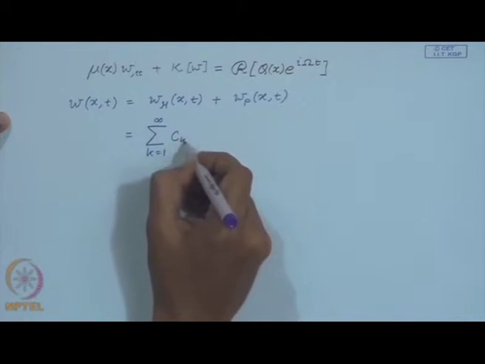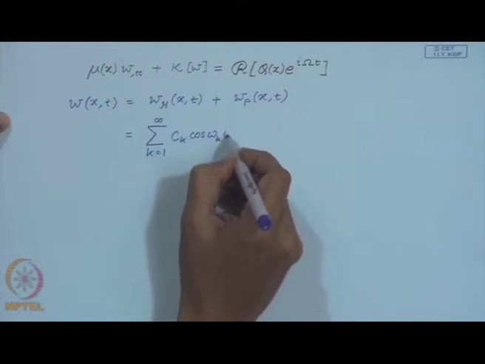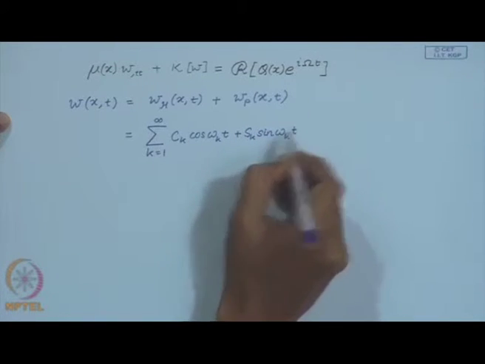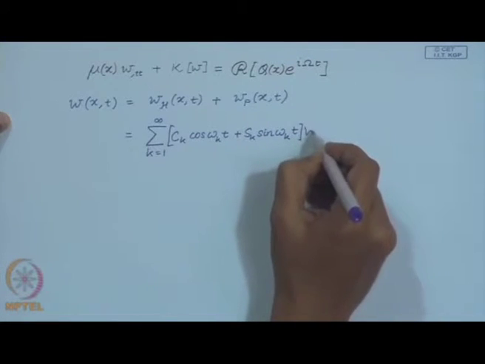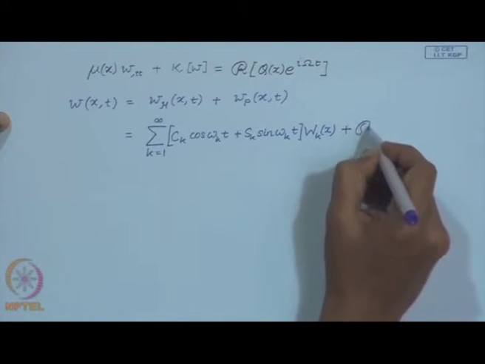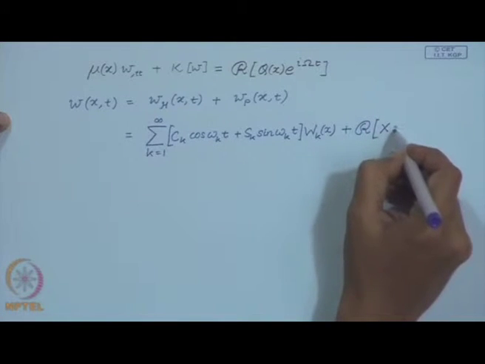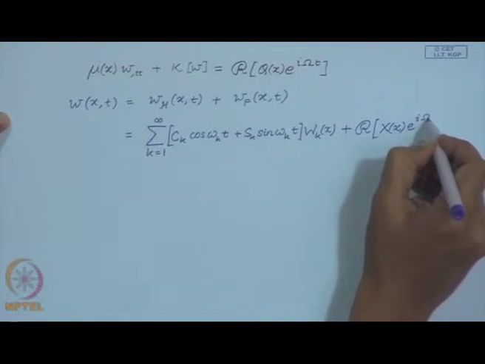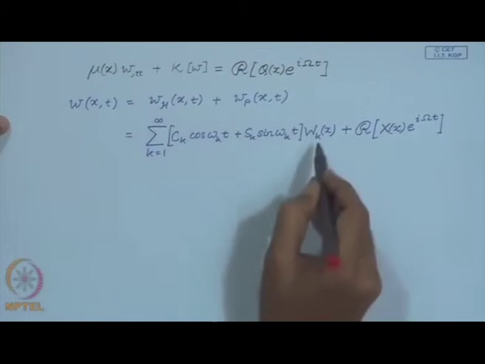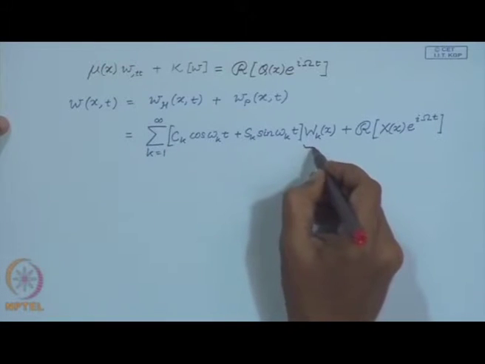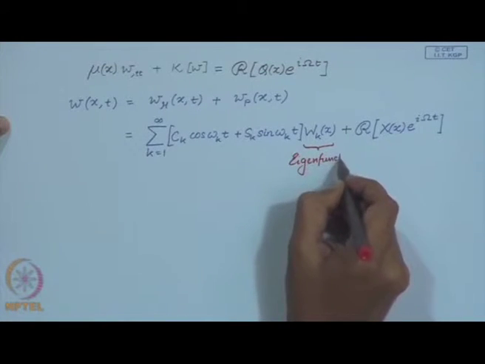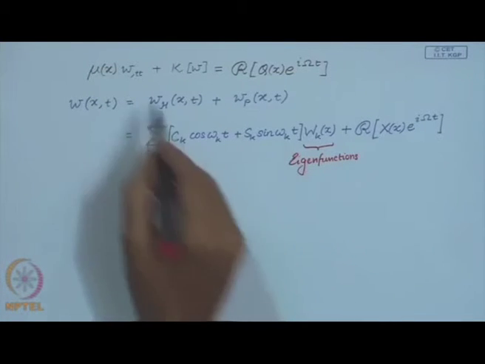So, the homogeneous solution, we have been looking at this homogeneous solution in the last few lectures. It can be represented as... so, this is the homogeneous solution which is expanded in terms of the eigenfunctions of the corresponding eigenvalue problem.